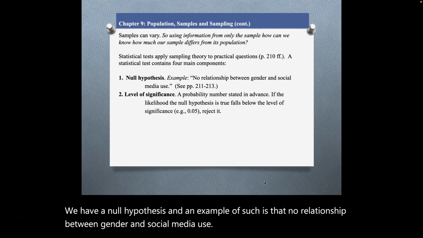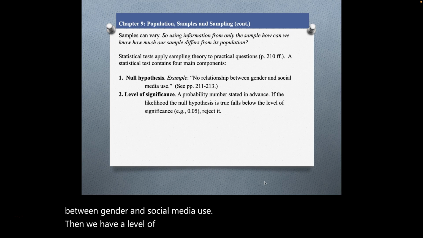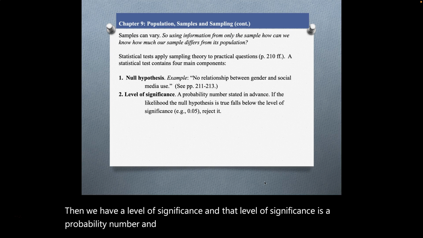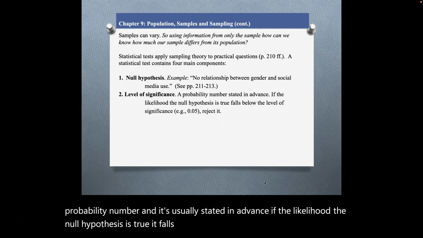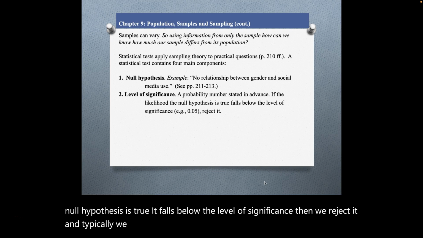Then we have a level of significance, a probability number usually stated in advance. If the likelihood the null hypothesis is true falls below the level of significance, then we reject it. Typically we have a 5%, 10%, or 1% level of significance.